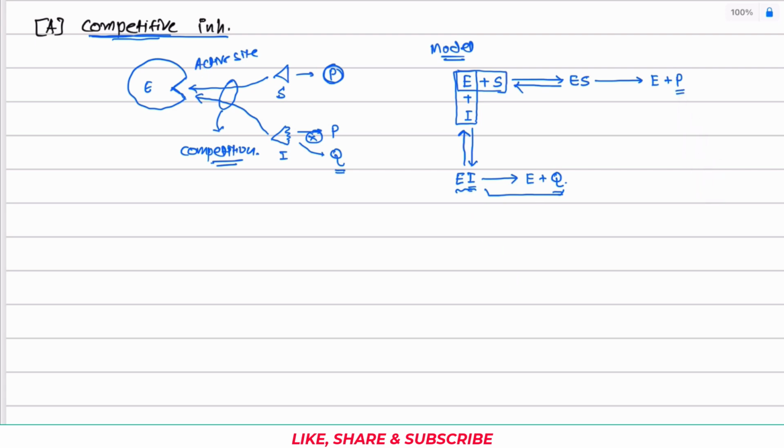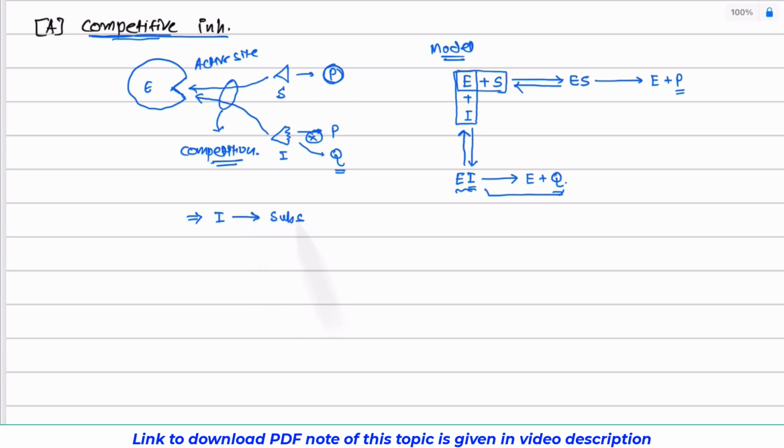So based on all this information, we can write down certain important aspects of competitive inhibition. The first important aspect is that the inhibitor molecule structurally or closely resembles the substrate, or we can say that the inhibitor molecule is a substrate analog.